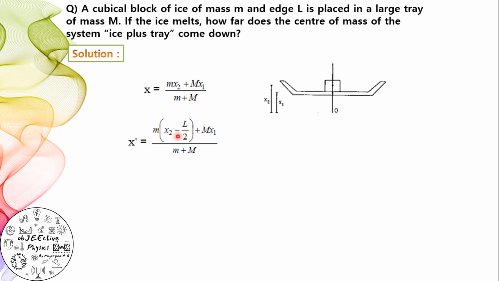Therefore, small m into (x2 minus L by 2) plus, there is no change in the center of mass of the tray, so capital M into x1 as it is, divided by the same denominator, small m plus capital M. Now we want to find the shift in the center of mass due to the melting of the ice block, which is equal to x minus x dash. By subtracting x dash from x, we get small m into capital L by 2, divided by (small m plus capital M).